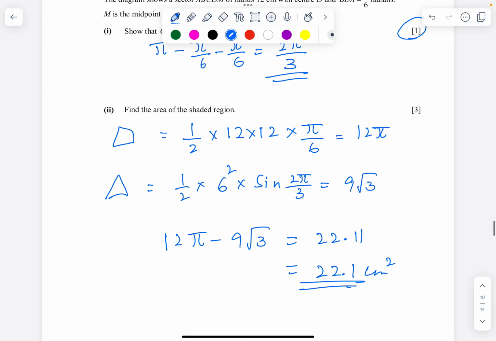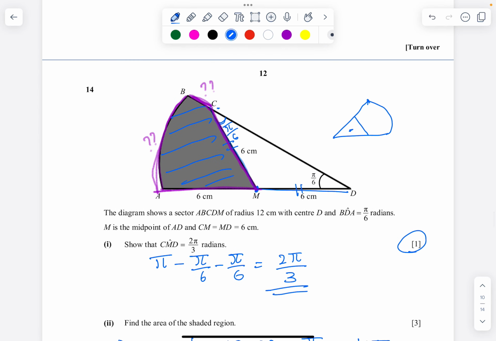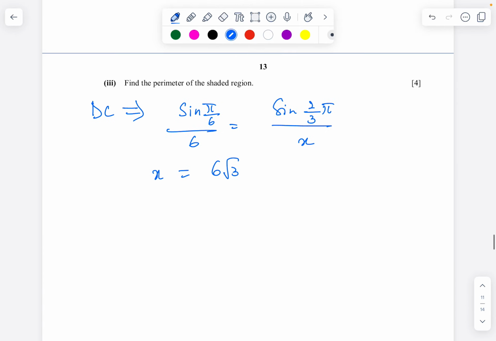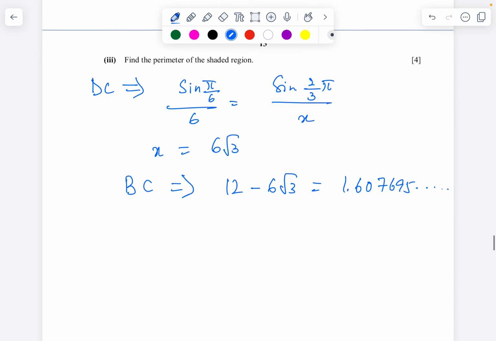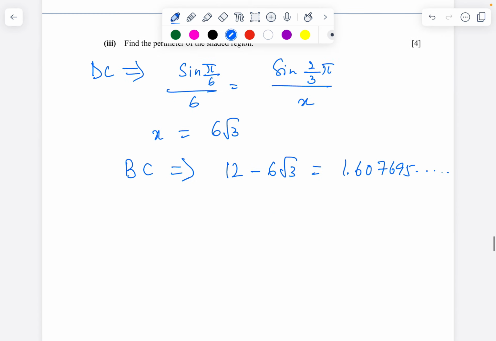But we don't want DC, we want BC. So B to D is 12 centimeters, we know. So BC is going to be 12 minus 6 square root 3, which is 1.607695. I'm just writing the big calculator display, it's easier for us to get the accurate answer.